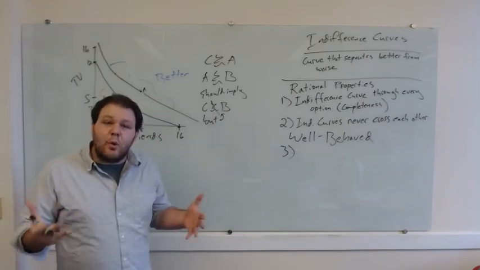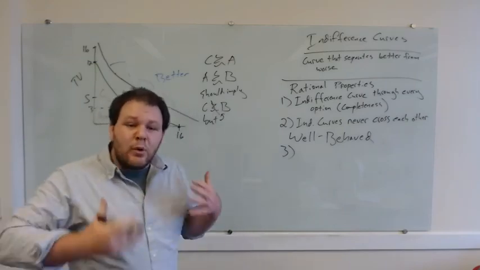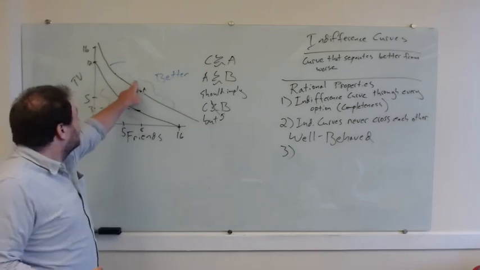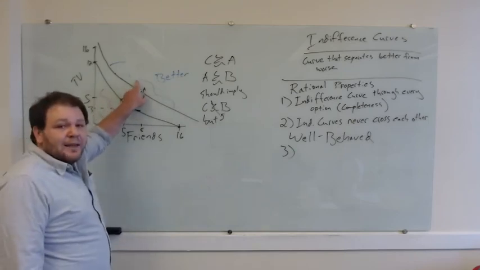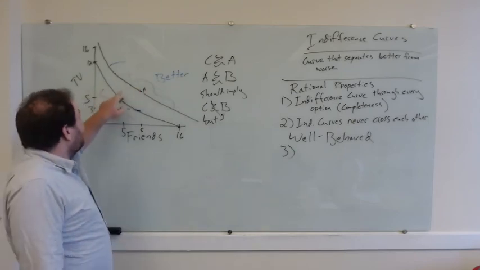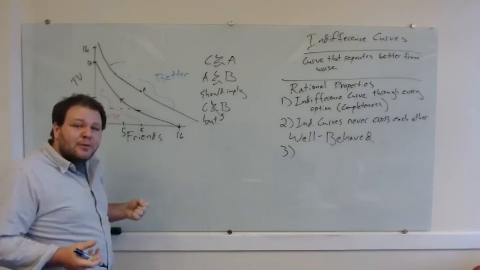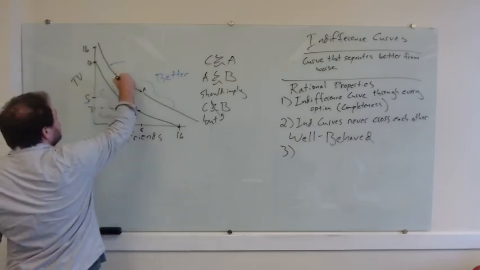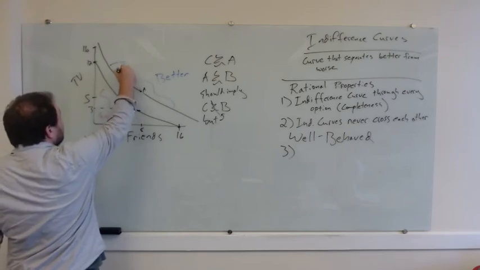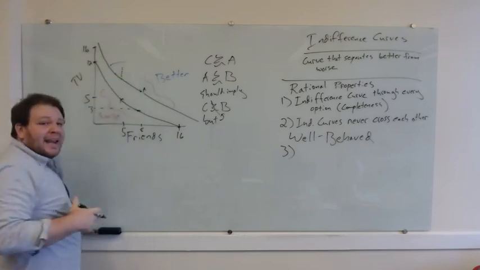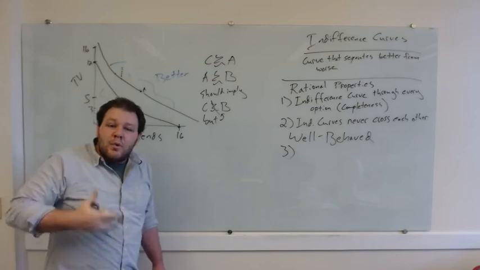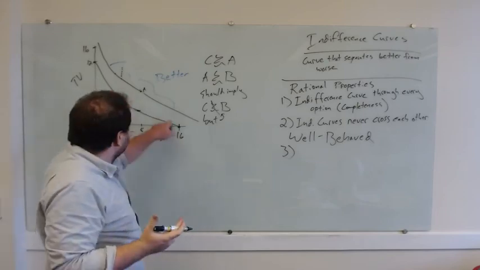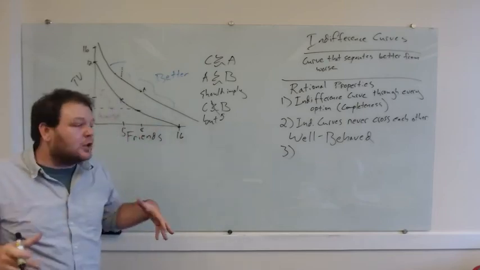Well, one thing is that more is better. If more is better, you're always happier with more of something that you like than you would be with the same of everything else but not getting the extra bit of something that you like. Then we always know that if we draw a straight line up from an indifference curve, everything on that straight line has to be better. What that implies is that the indifference curves themselves have to slope down.